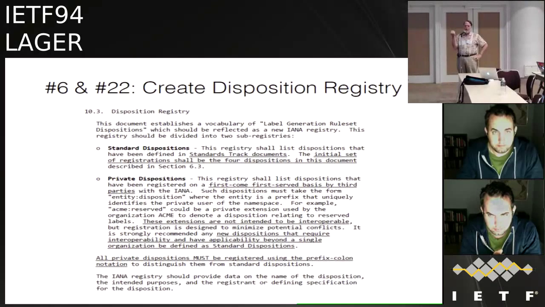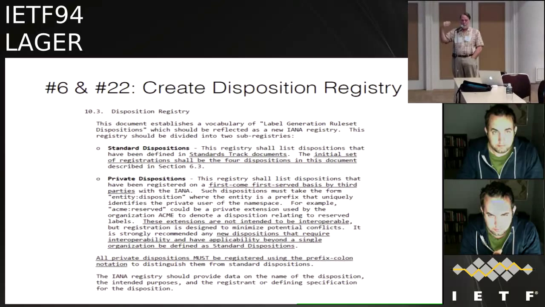The choices are standards action, which requires standards track documents; IETF review, which looks for an IETF stream RFC, but it can be informational or experimental as well; RFC required, which also allows independent stream RFCs; or then you can go for the expert review or specification required that doesn't require any RFC but has a designated expert reviewing the requests. And those are basically the choices you have. And first come, first serve, which is probably not appropriate for that particular one.